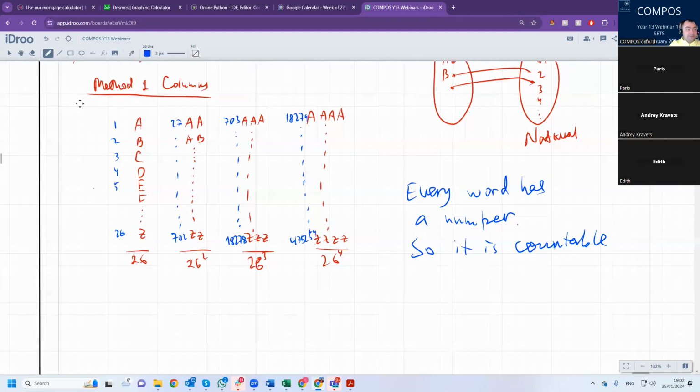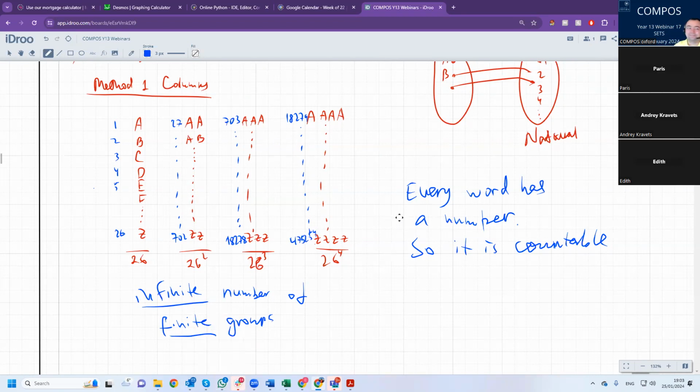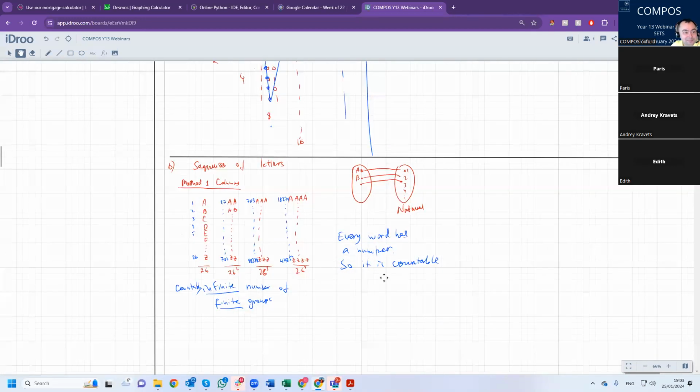It's a countably infinite number of finite groups, and therefore it is countable.